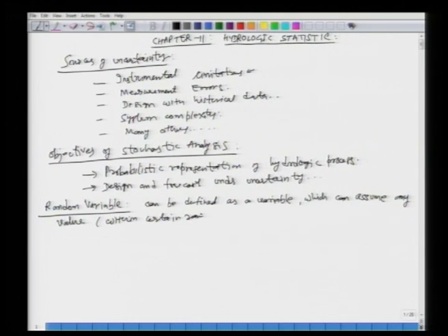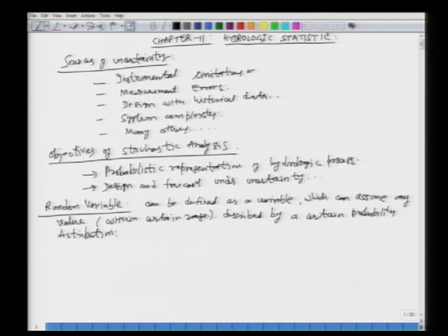The random variable can take up any value, but that has to be within a certain range described by a certain probability distribution. So, this is the definition of a random variable.